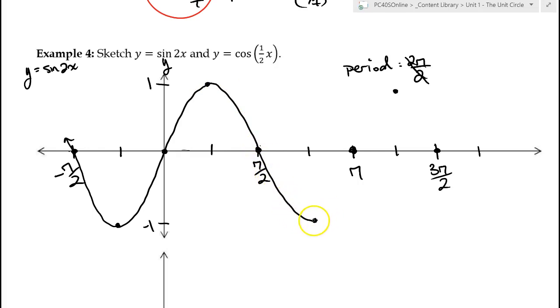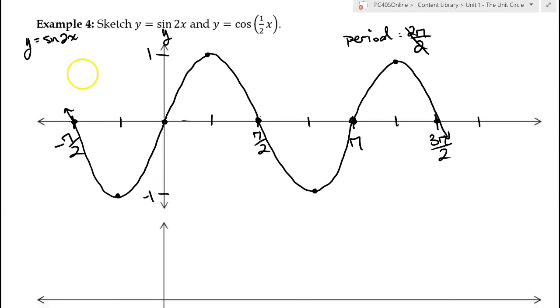And I'm going to work hard to make sure that my curves look like curves and not like V's. We're not doing absolute value graphs here. And that would be my graph, roughly. This is a little high, it should be a little lower.